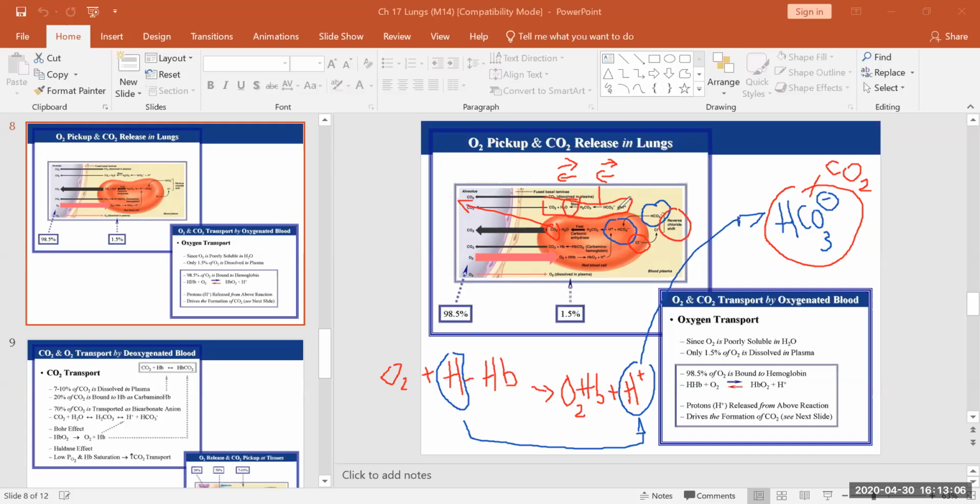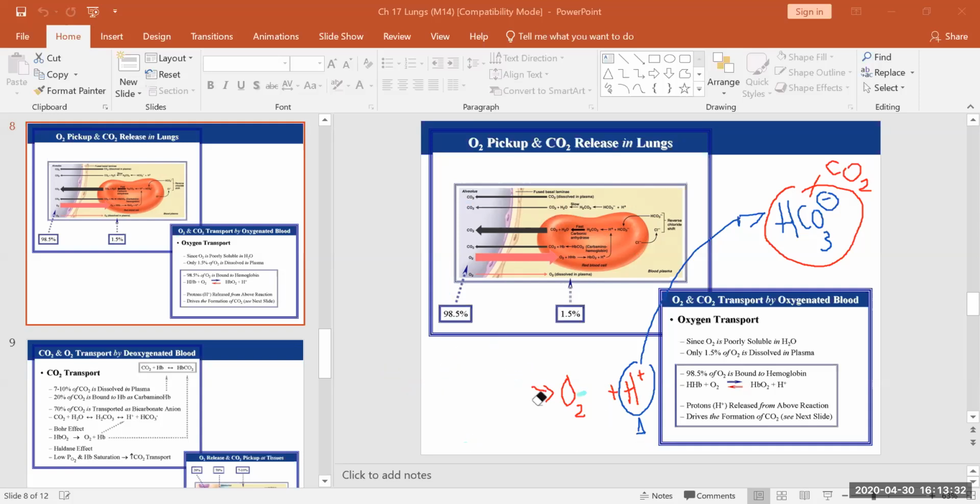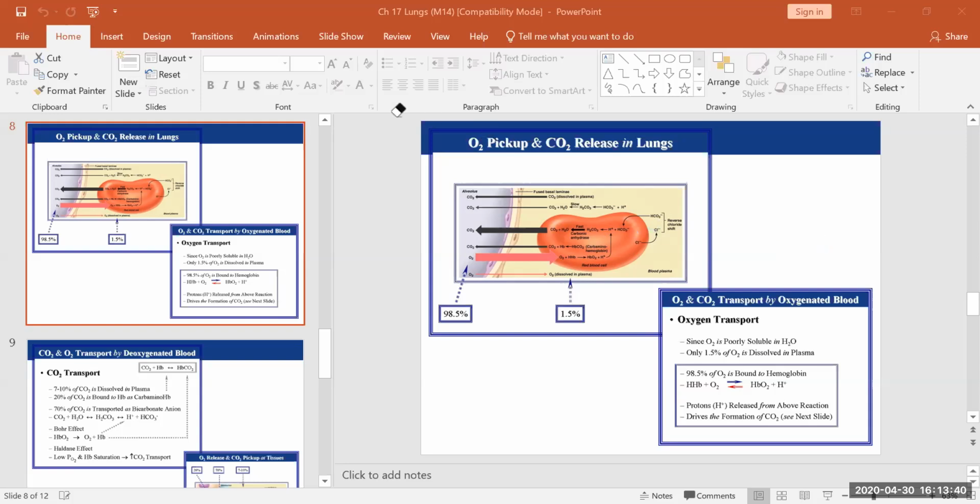So if your proton is increased, bicarbonate is increased, then it drives the reaction toward the production of CO2 and water, and CO2 simply diffuses out and gets into the alveolar space and is then breathed out. Okay? So this is how at the lungs oxygen gets in. When oxygen gets in, it indirectly induces carbon dioxide disposal. So they are related to one another. Okay?